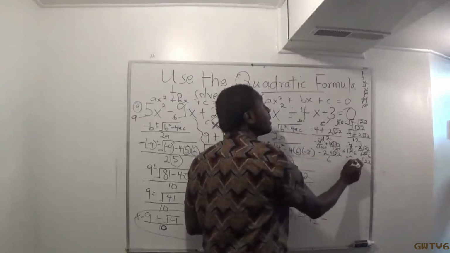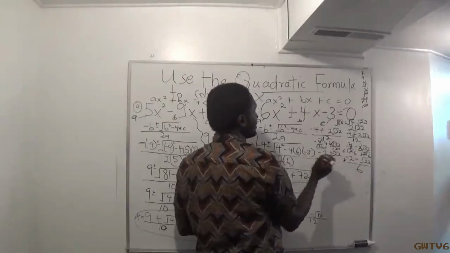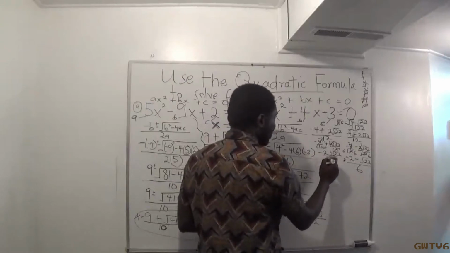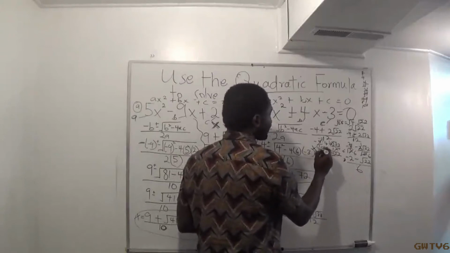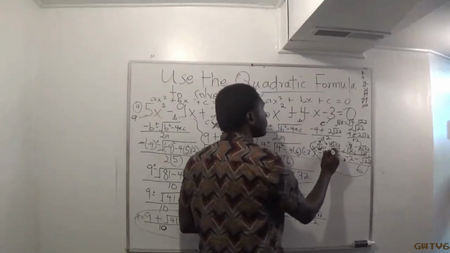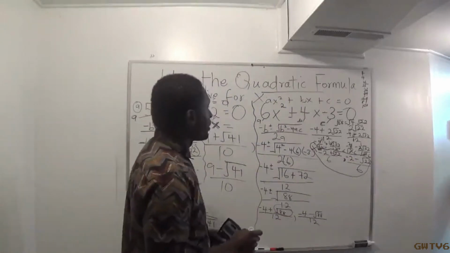Because they have the same denominators, we can keep 1 and just make sure we put an x right here. So that means x equals these two right here. This that you see right here is my answer.